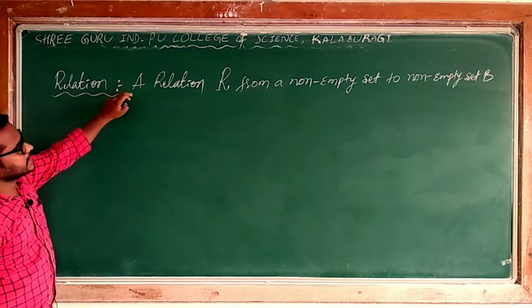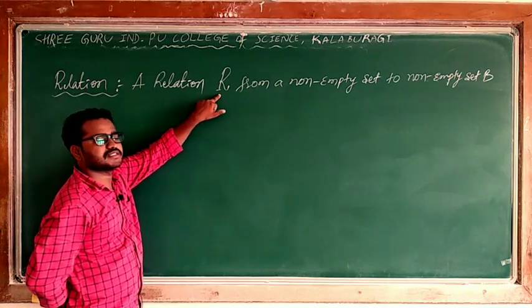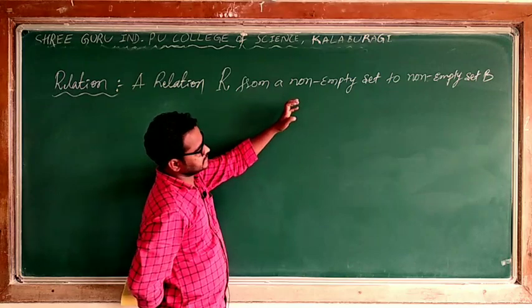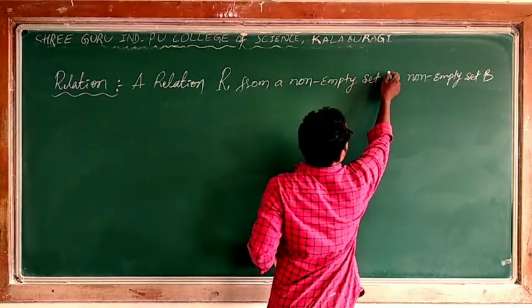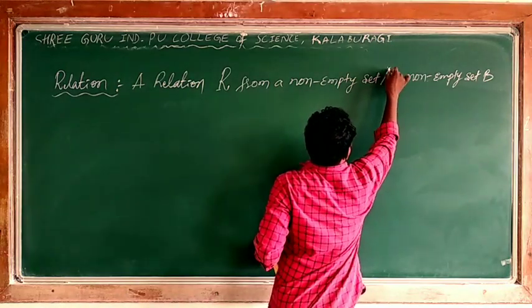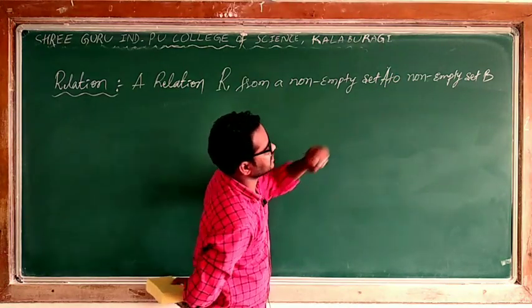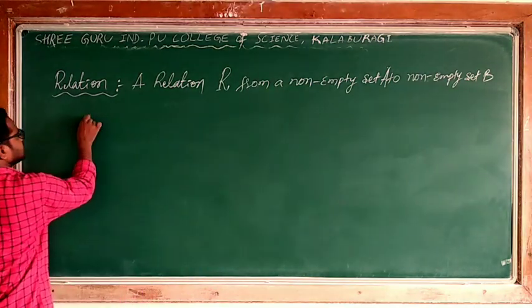Here we are saying a relation R. R is a notation. A relation R from a non-empty set capital A to non-empty set capital B is what?